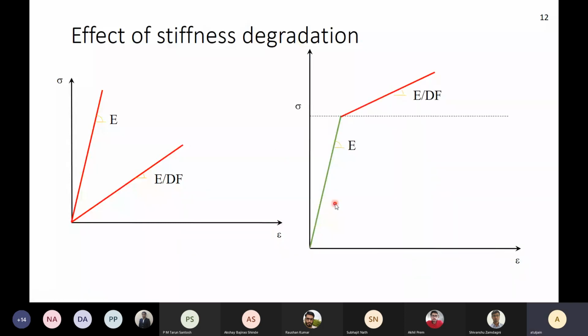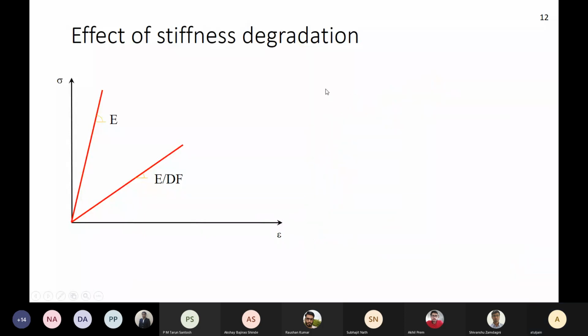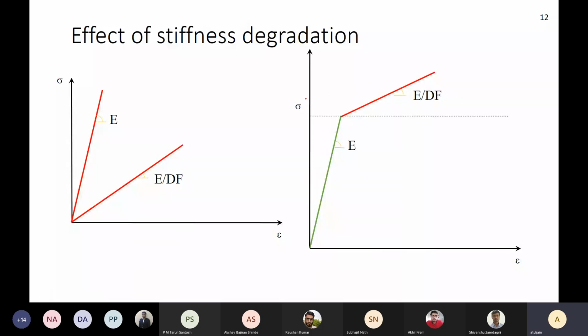So in theory, and in practice, the implementation is like this. Initially, the Young's modulus is E, and we will keep on applying strain increments till we reach damage. After damage, the Young's modulus is calculated again, and then strain increments are added, but this time the modulus is slightly lower. So for a small delta strain, the stress increases this much, but here the stress increase is lower.